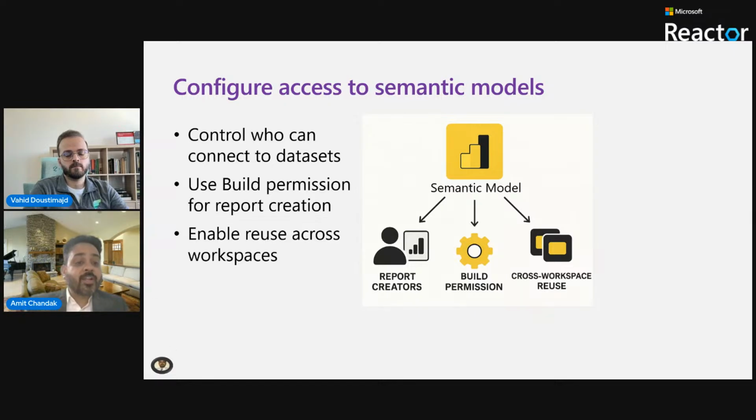So do they need to create another one? No, we can allow them to use the semantic model which is in the sales workspace, and they can still create reports in the finance workspace. That is why cross-workspace reuse is really important. So these are the things you can do and configure. We'll move to the next slide.